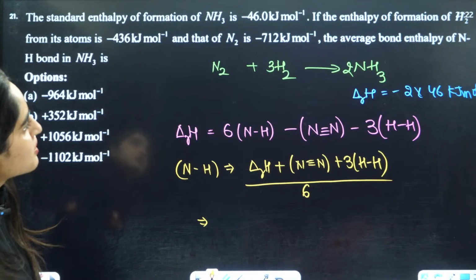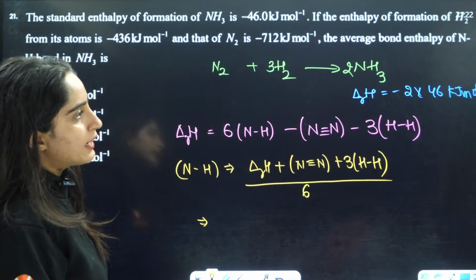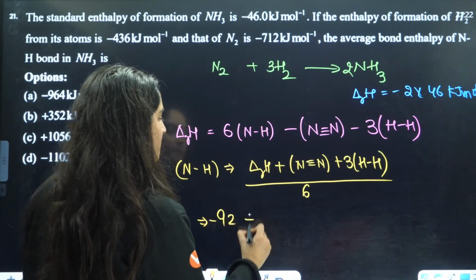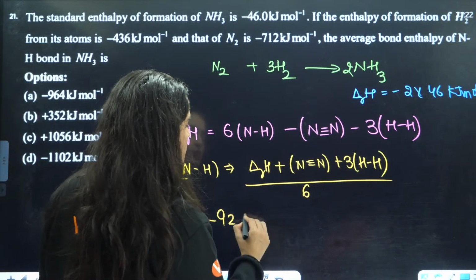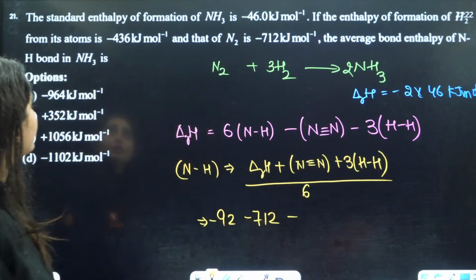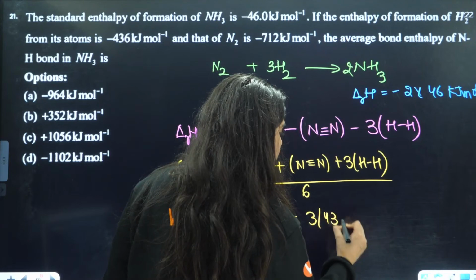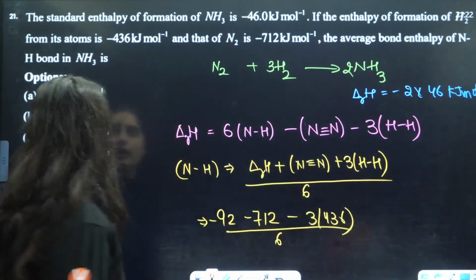Delta H of reaction is, where is delta H of reaction? That is coming out to be minus 92. Minus 92 plus N triple bond N, which is this one, so it is 712, plus 3 into 436, divided by 6, that is going to be the correct answer here.